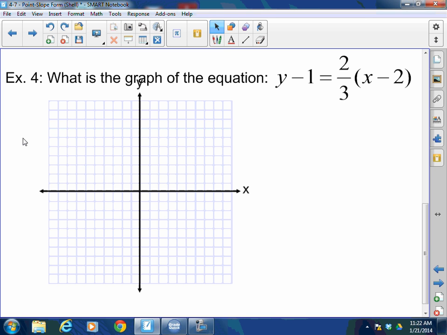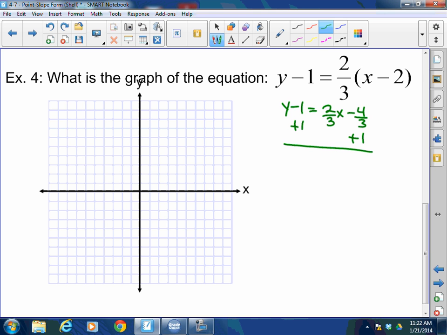Okay, you can solve for y. y minus 1 equals 2/3 x minus 4/3. Then I add 1 to both sides. y equals 2/3 x, minus 1/3.